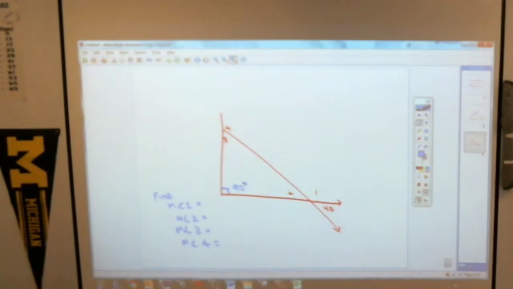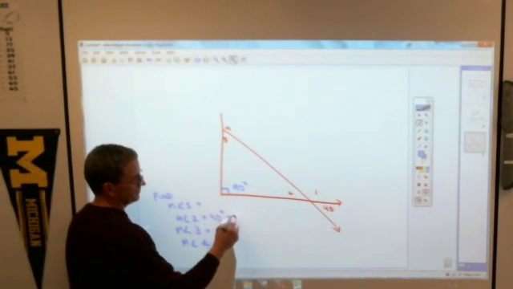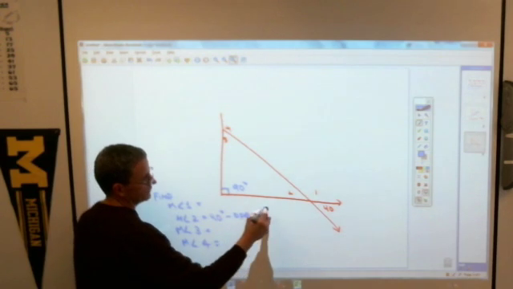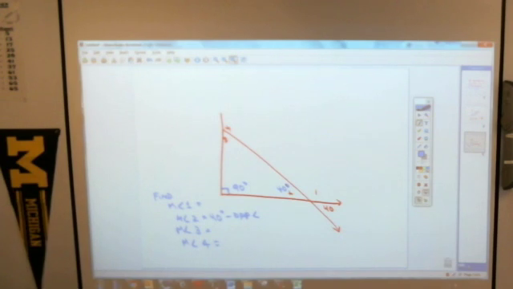Maya, what do you got? Angle what is what? Angle 2 is 40 degrees because it is opposite angles. Yep. Very good. So I can put my 40 degrees there. Somebody else?